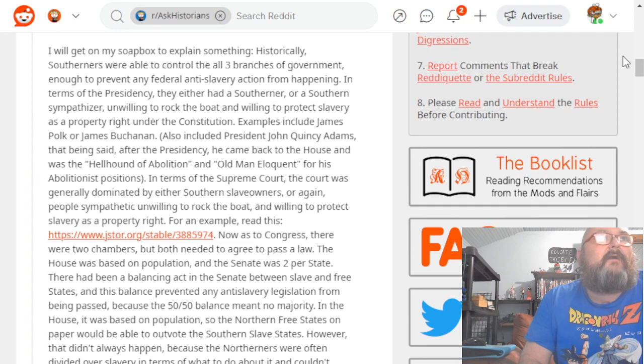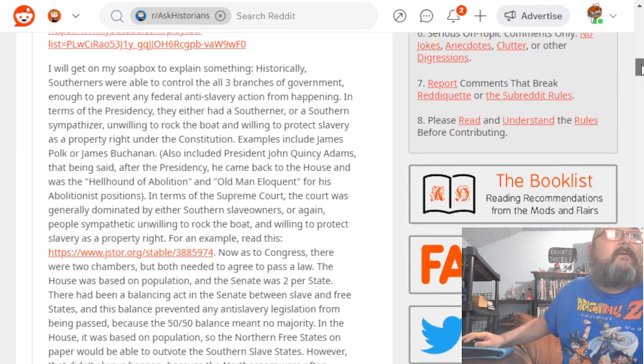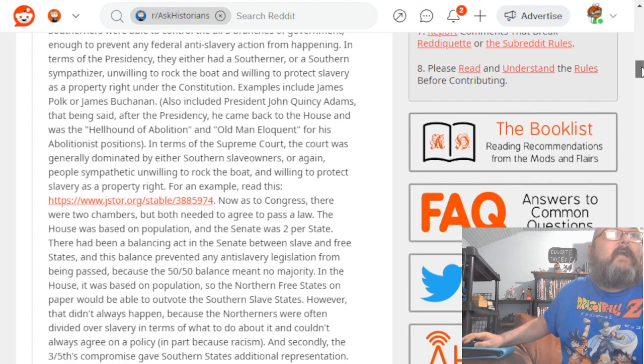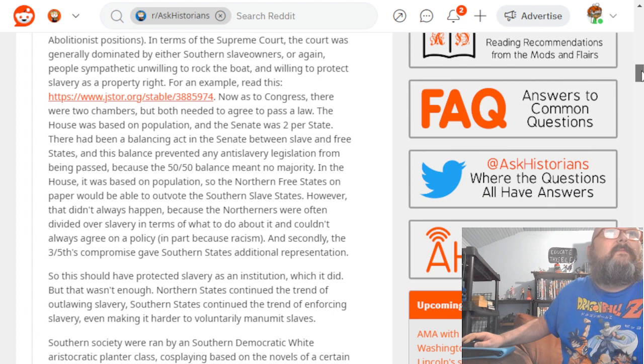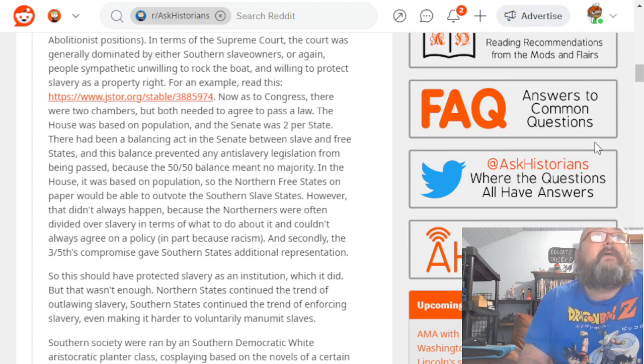Now, as to Congress, there are two chambers, but both needed to agree to pass a law. The House was based on population, and the Senate, two per state. There had to be a balancing act in the Senate between slave and free states, and this balance prevented any anti-slavery legislation from being passed because the 50-50 balance meant no majority.